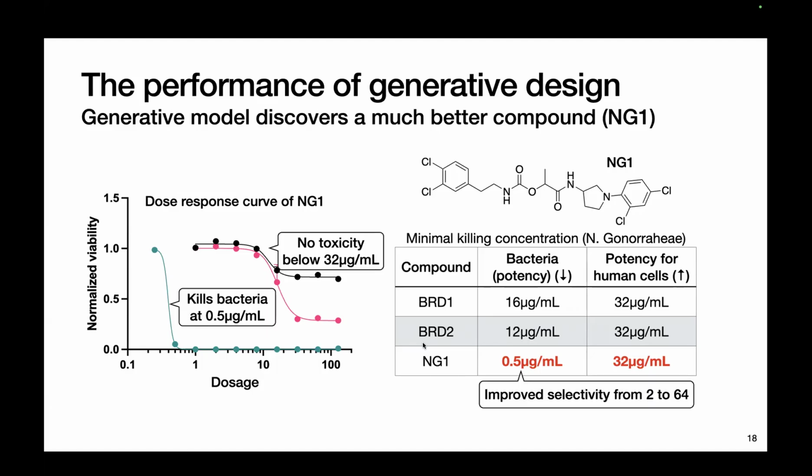So this compound improves the selectivity from 2 to 64 compared to the initial hits that we found, BRD1 and BRD2, right? The black curve and the red curve are the dose response curves for two different human cell lines. And you can see there's a good separation here. This is exactly what we want.